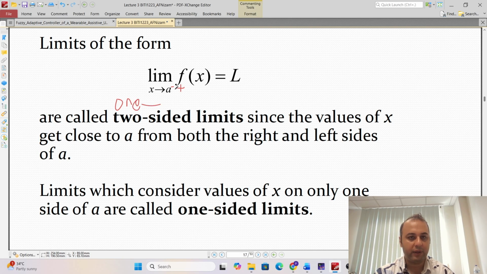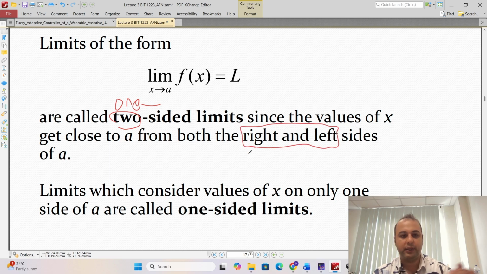If we don't have it, we call it a two-sided limit. Since the value of x gets close to a, approach means get close to, never reaching a, but x is getting close for both left and right. Two-sided is from both left and right.